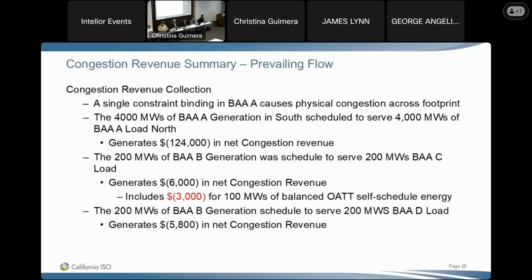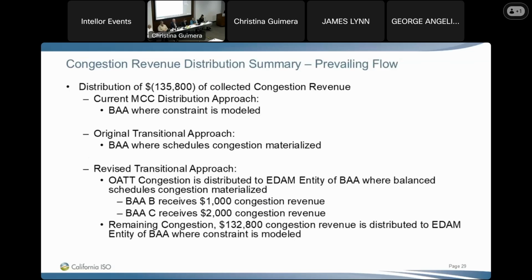Now, we go to the next slide. What that means is across the EDAM footprint, we've collected $135,800 of congestion revenue. Now it's going to be determined how we distribute that. Under the current EDAM tariff design, that $135,800 would go all the way to BAA.